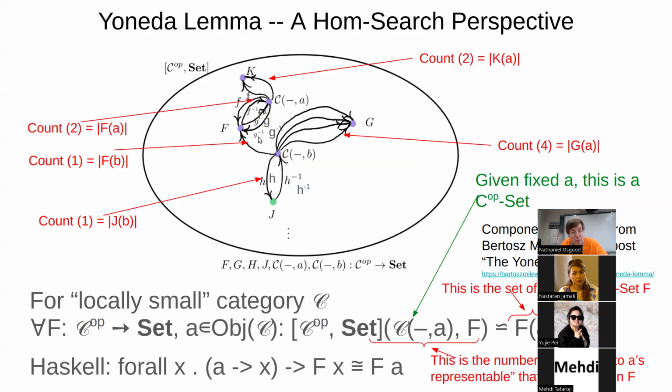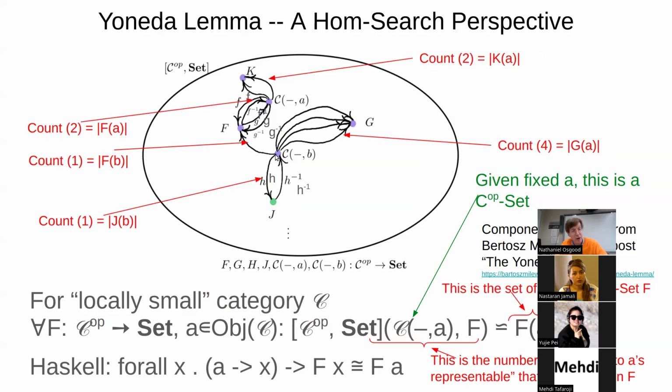This morphism from this guy to this guy, from this C-op set, this presheaf on C, to this presheaf on C, what is that morphism? It's a homomorphism. It's a natural transformation. This is a functor.